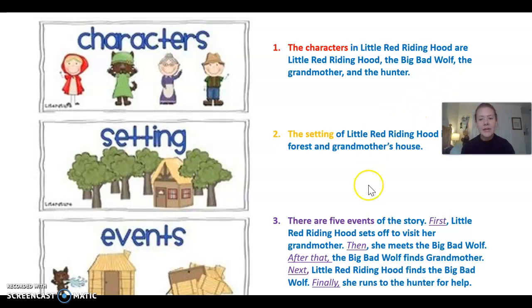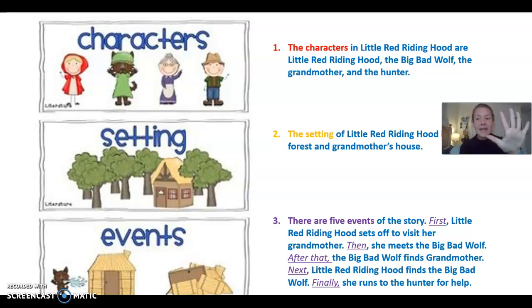And then I counted 5 events of Little Red Riding Hood. So I wrote them down. 5 things happened. This was 5 events or details of Little Red Riding Hood. First, Little Red Riding Hood sets off to visit her grandmother. Then she meets the big bad wolf. After that, the big bad wolf finds grandmother. Oh no, that can't be good. Next, Little Red Riding Hood finds the big bad wolf with grandmother.